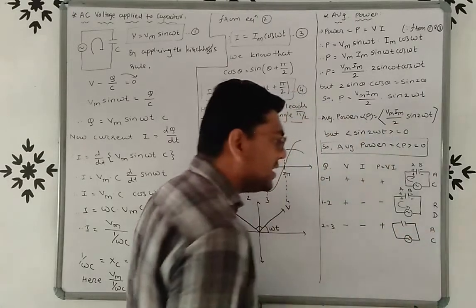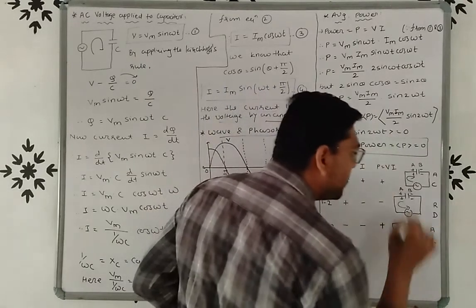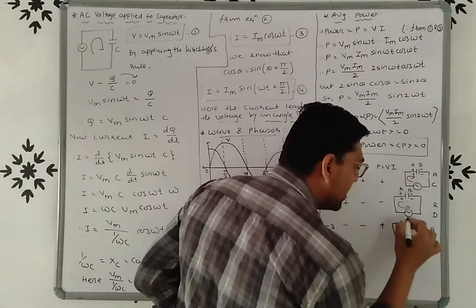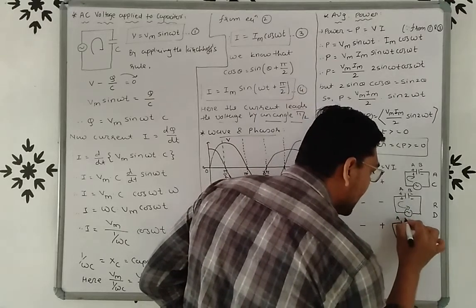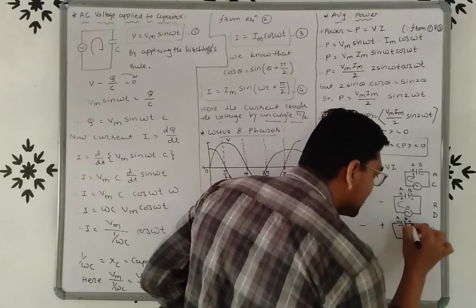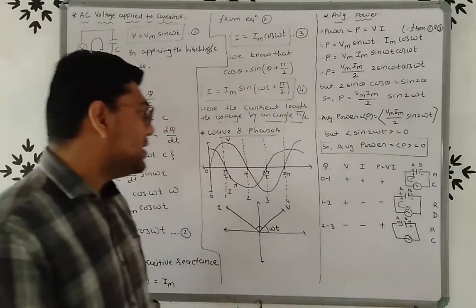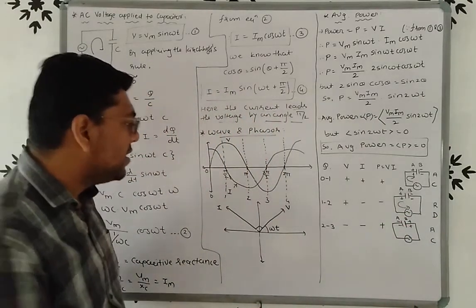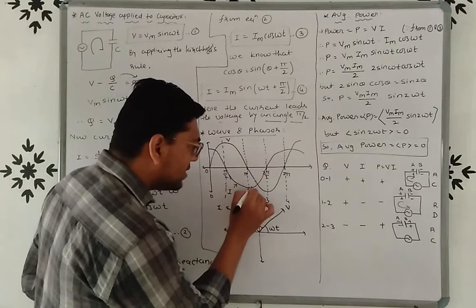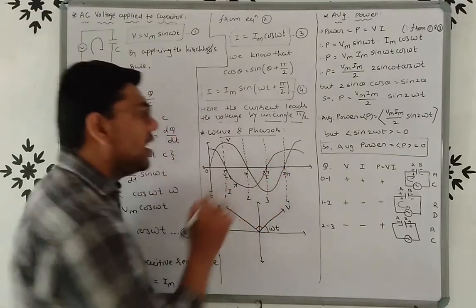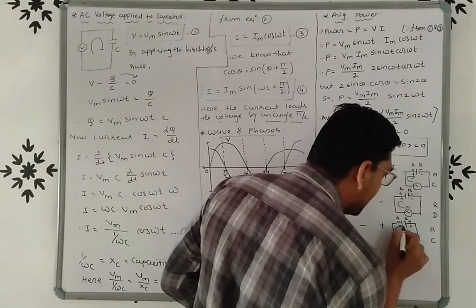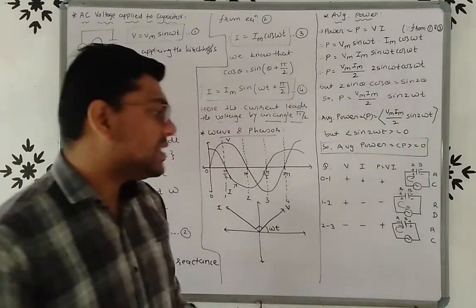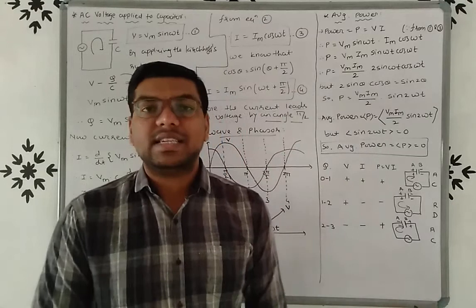Here the polarity of the capacitor plates changes. Plate A becomes negative and plate B becomes positive, and the current starts increasing in the opposite direction, so once again current flows in the clockwise direction as the capacitor charges.